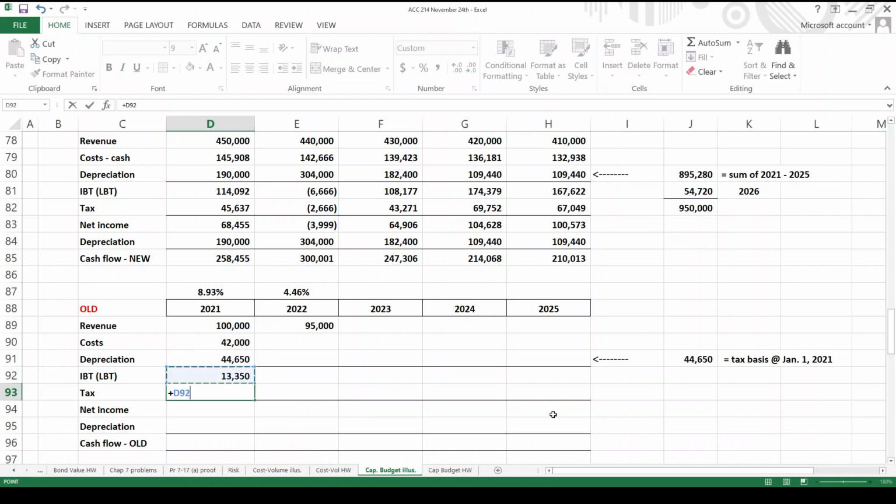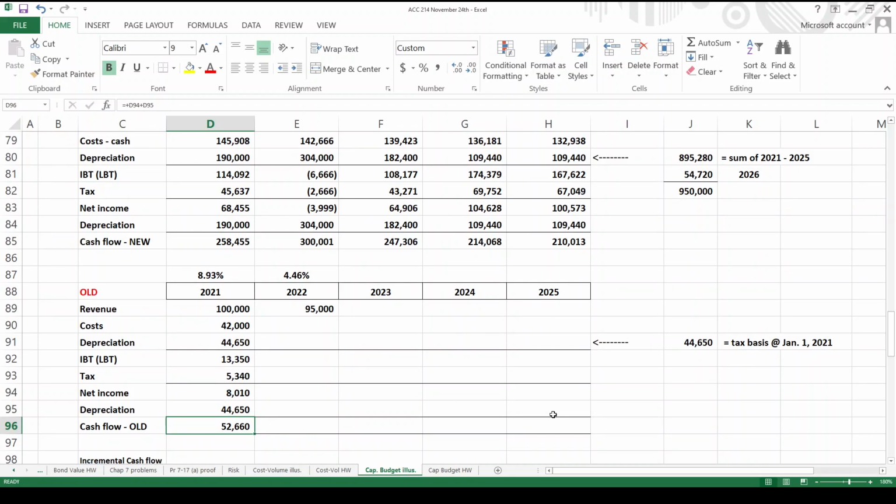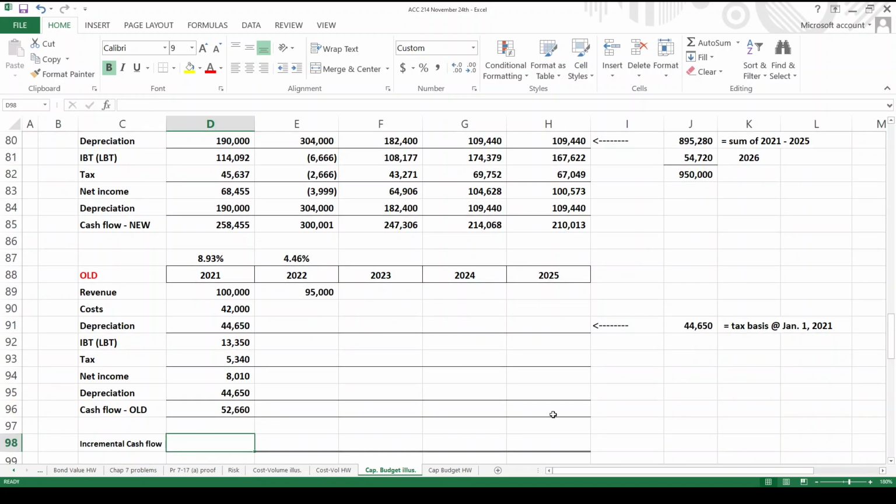Calculate the tax, subtract the tax, add back the depreciation, and voila. We have the cash flow from the old, which you're not going to get because you sold it off, yeah? So we got to take this 52K off of this 258 to get our incremental cash flow.